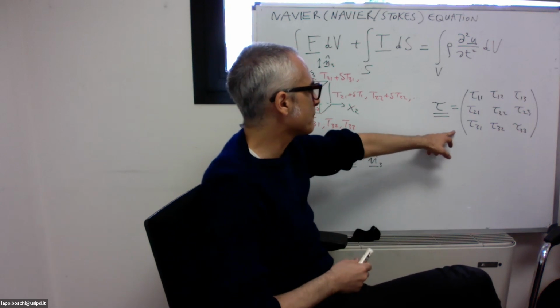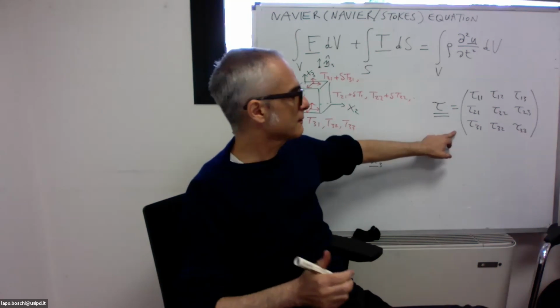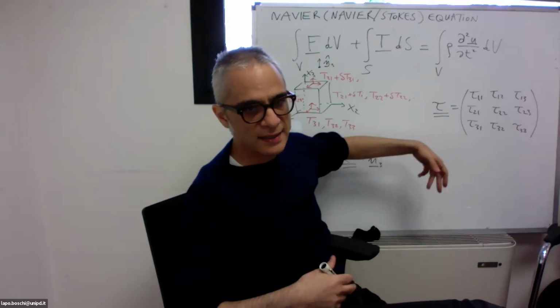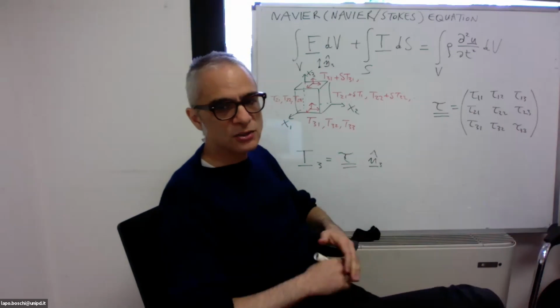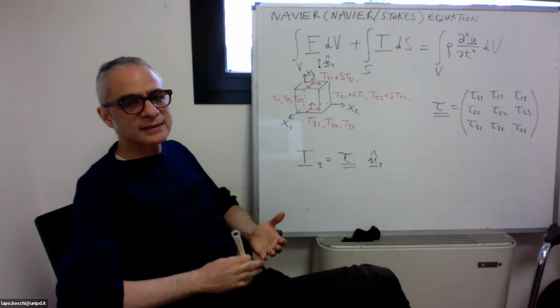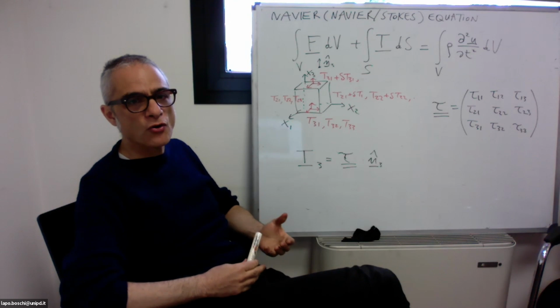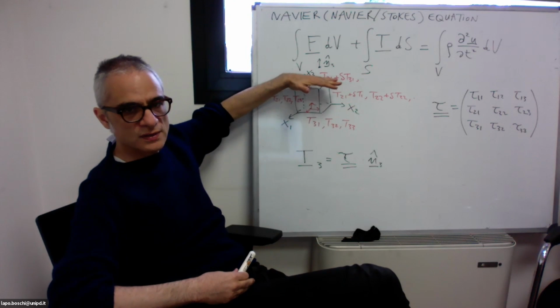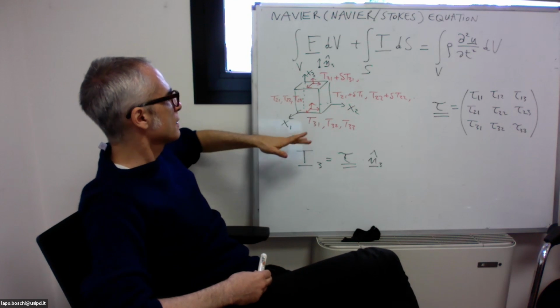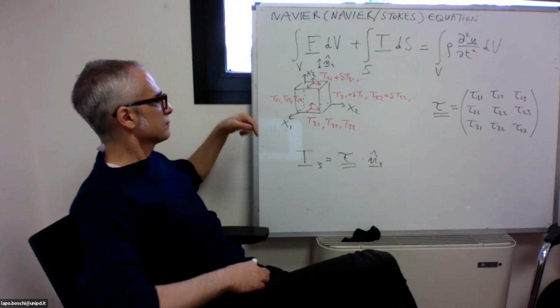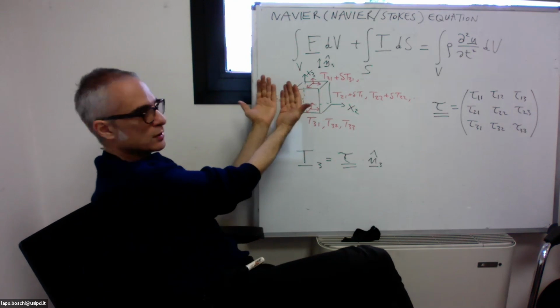Now this tau is a slightly different entity. It's more general, because if you know tau, then you know the stress independent of the orientation of the surface. T1 is for surface number 1, this one, that points towards me.